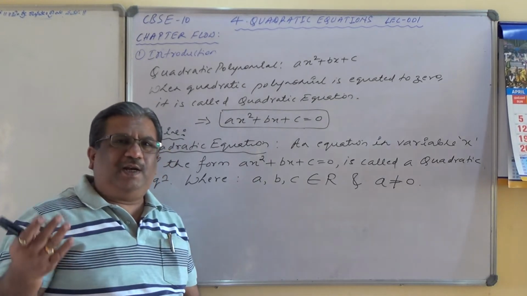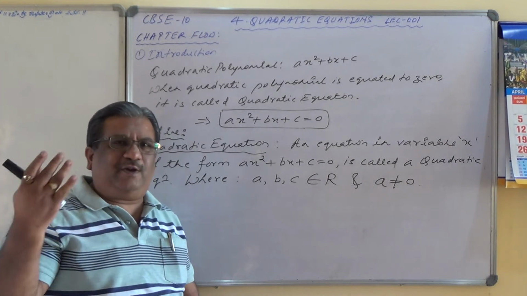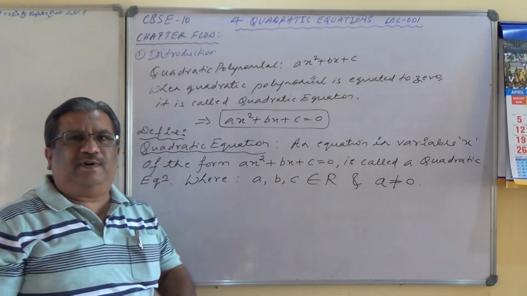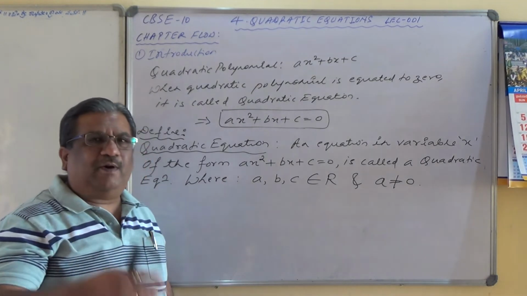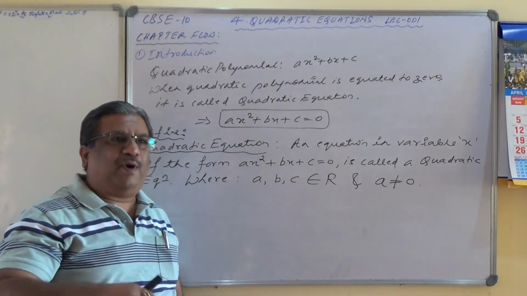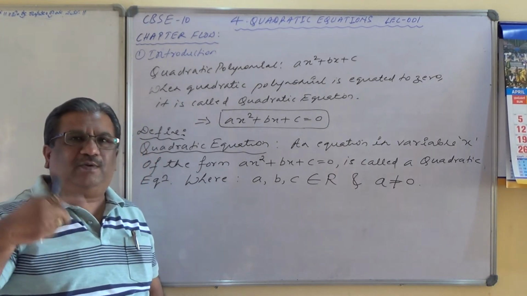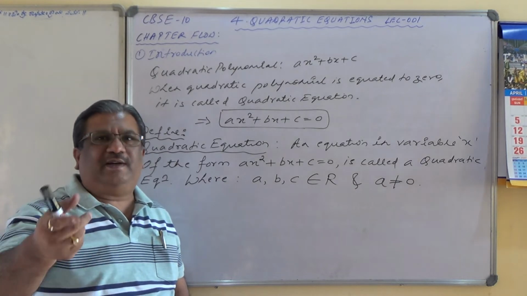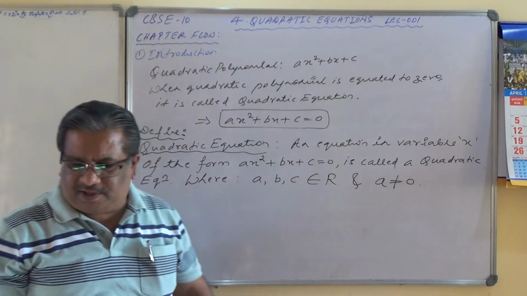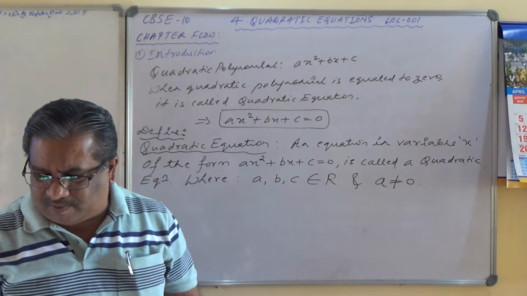P of x is a polynomial; it can be a biquadratic, a cubic, a linear, or a quadratic. Therefore, a polynomial of degree 2, which is nothing but a quadratic polynomial, when equated to 0, is called a quadratic equation. But it is okay, if you remember the first definition, that is enough. The alternate definition is not required.